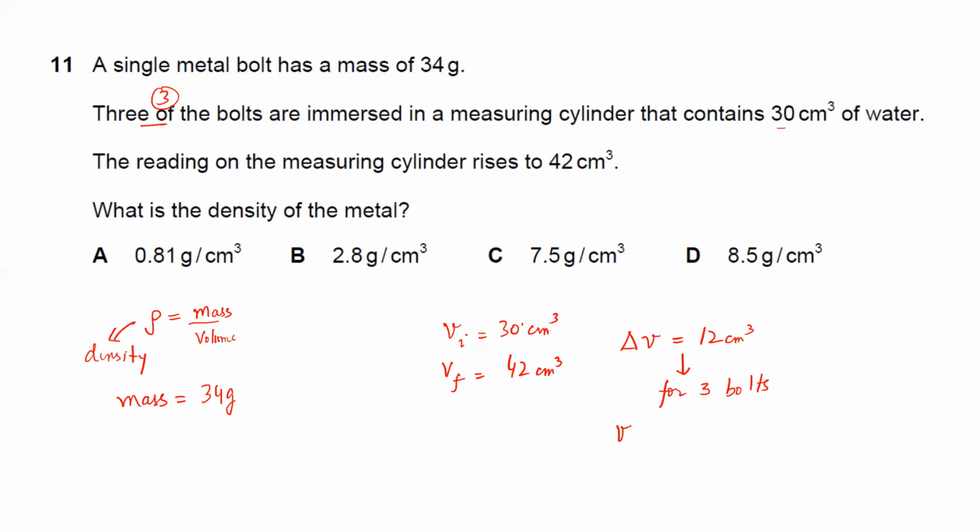So the volume of one bolt is equal to 12 divided by 3, which is 4 centimeter cube. So then use this volume and mass. So the density is 34 divided by 4. So this value comes out to be... 34. Let me divide it.